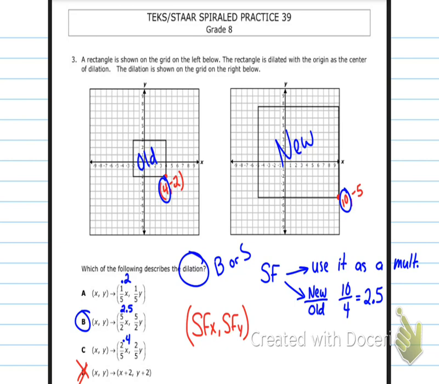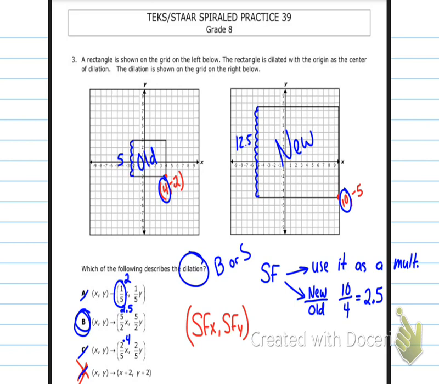So you can do new over old, you can use your scale factor rules, and it doesn't even have to be coordinates actually. I could also count measurements. So keep that in mind. I could count right here the height and say it's about 12.5, and I could count the other height.